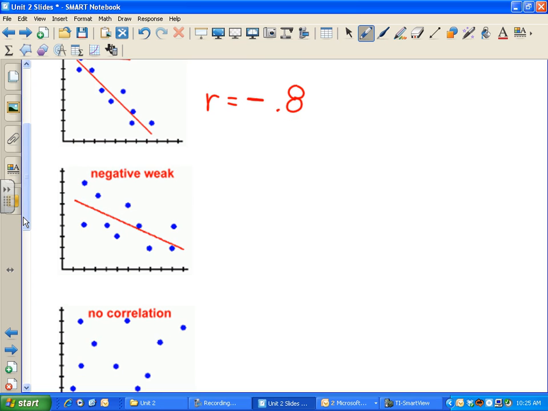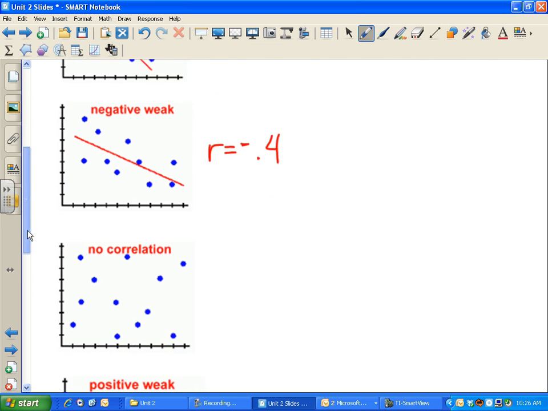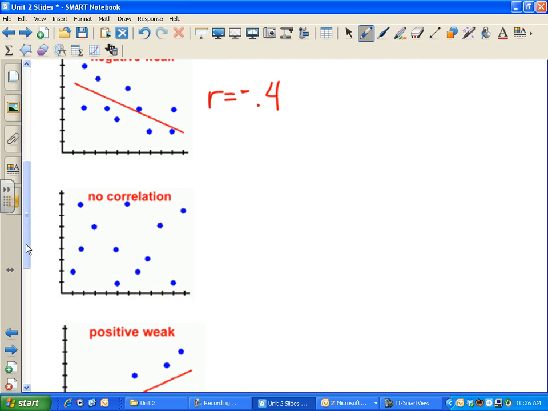And then maybe a little more weak. These dots are not quite as close and clumpy together. That might be something like a correlation of maybe 0.4, and again, negative, because it's a negative direction. No correlation, I can't see a line there at all. There's a correlation of 0. There's nothing there. Well, there are dots there, but they certainly don't make a line.